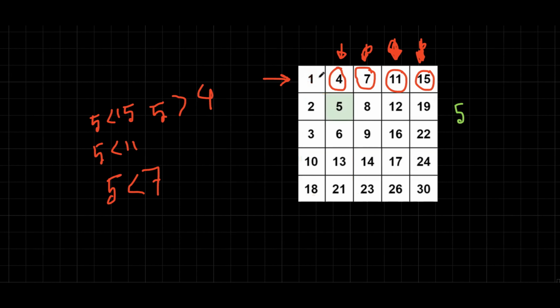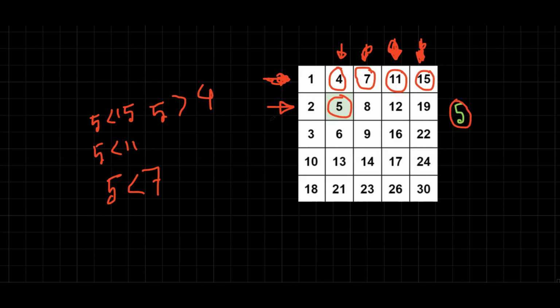So that's why we have to shift our row pointer to these positions. So far, so good. Now our intersection value is 5, which is exactly equal to the target, and we have to simply return true here.